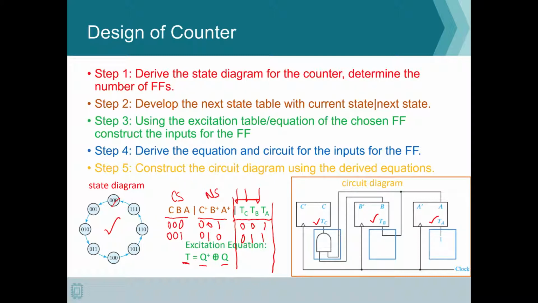Once you derive the equations, that is your step number 4, where you derive the equations for the inputs of the flip-flops. Then we need to construct this entire diagram, which is step number 5, and that basically completes your design of a counter.